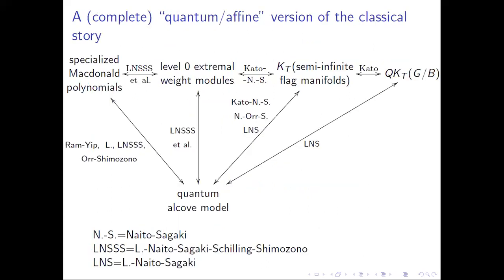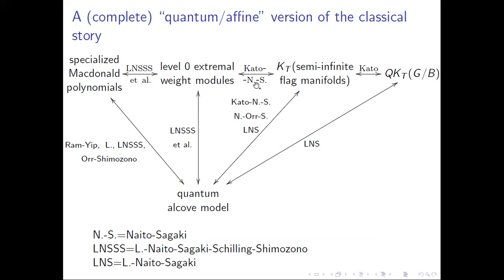So finally, I can now explain the more complete version of this connection from representation theory to geometry to combinatorics. Here again, I start with specialized Macdonald polynomials at T equals 0 or T equals infinity. These were related by my work with Naito-Sagaki, Schilling, and Shimazono, and then other work by Naito-Sagaki and collaborators, to these so-called level 0 extremal weight modules for affine algebras.